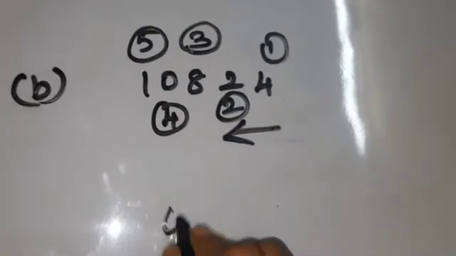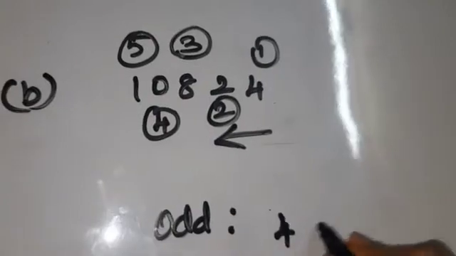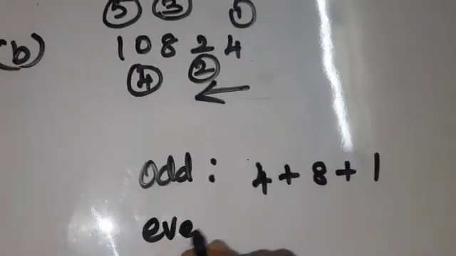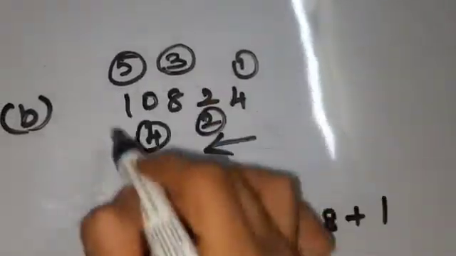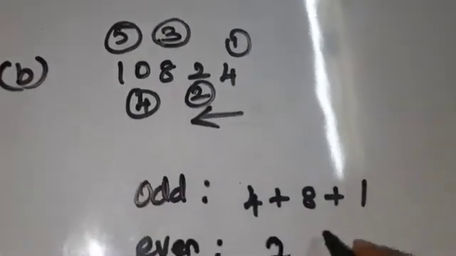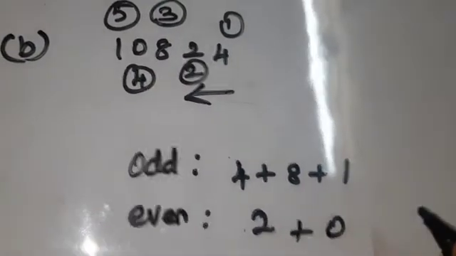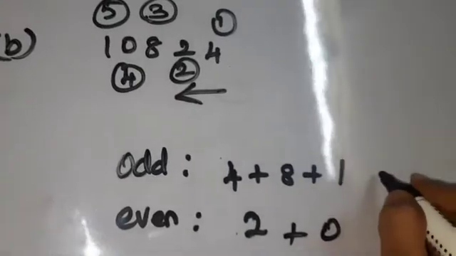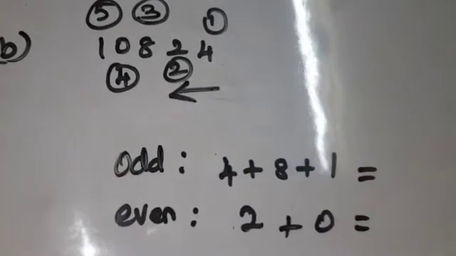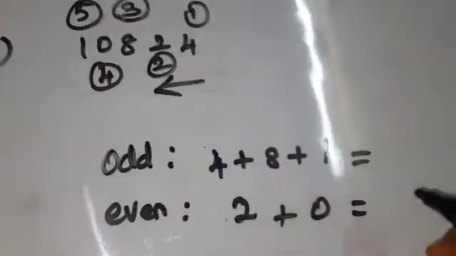Odd digits in the given number are 4 plus 8 plus 1. Even digits in the given number are 2 plus 0. Now after calculating the odd and even, we are going to find the difference between them.